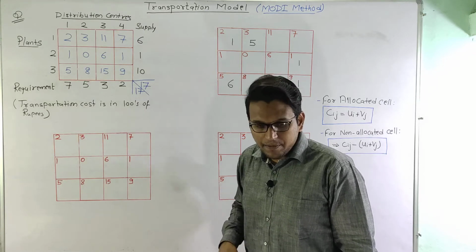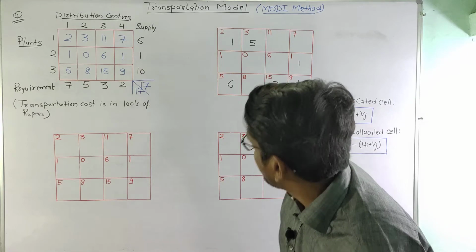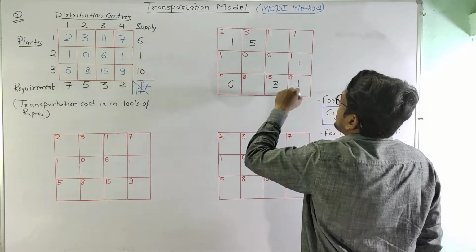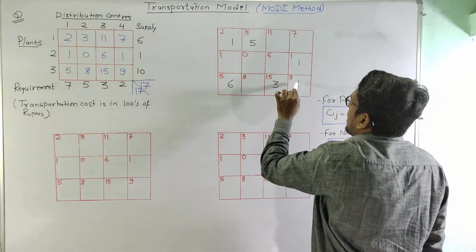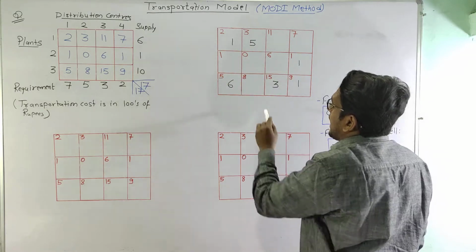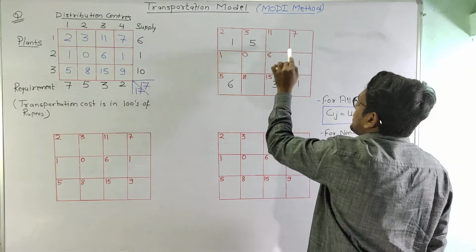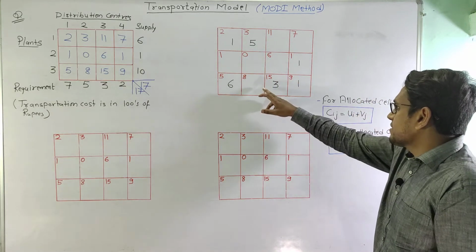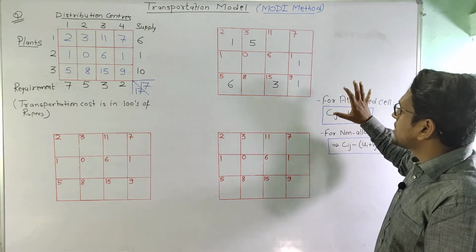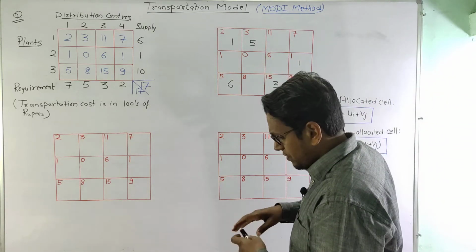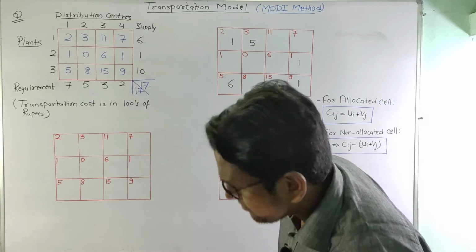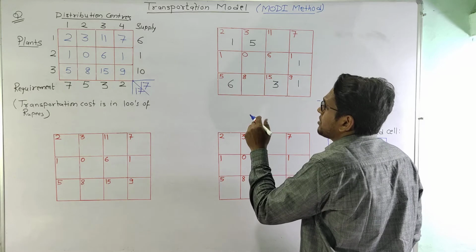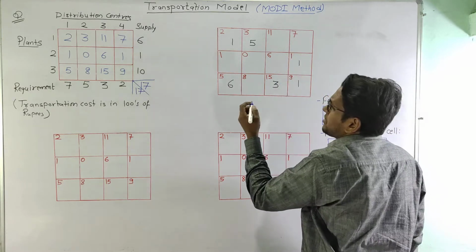So let us start. First, we need to understand that the allocated cells are known as basic cells, and the empty or non-allocated cells are known as non-basic cells. We first need to find the values of new variables for the modified distribution method.